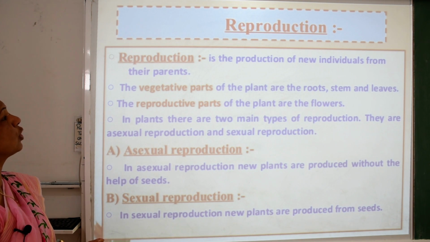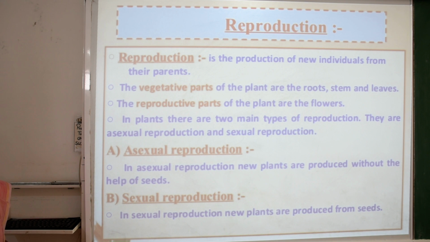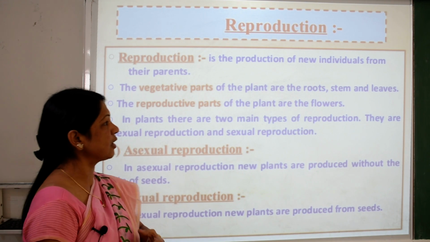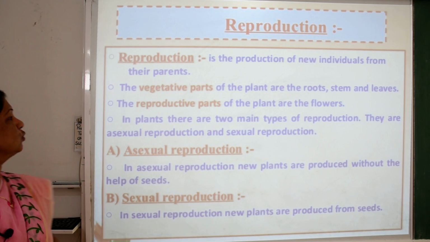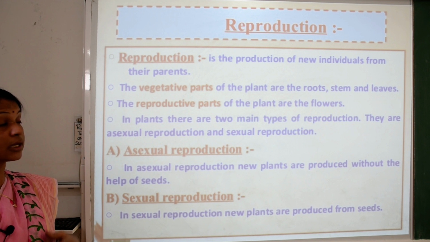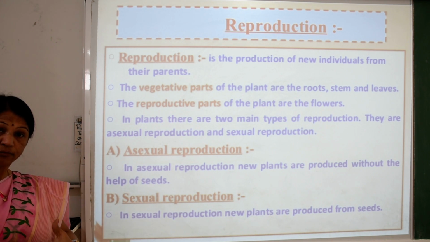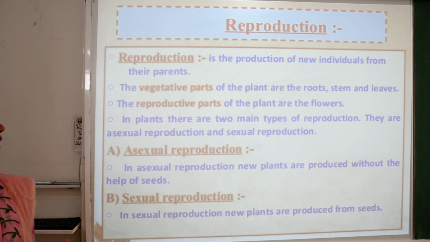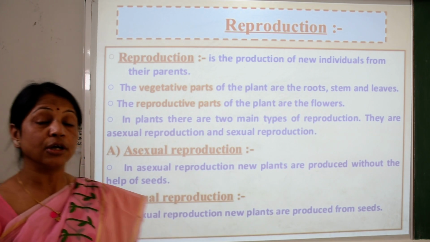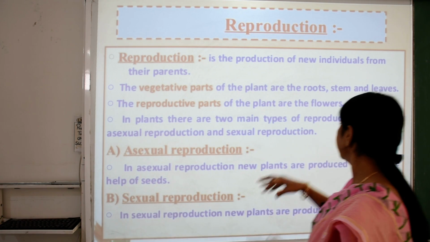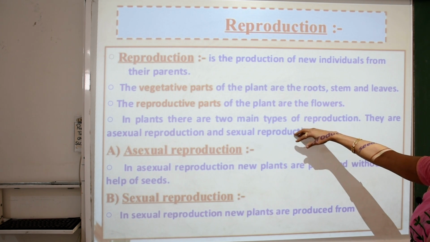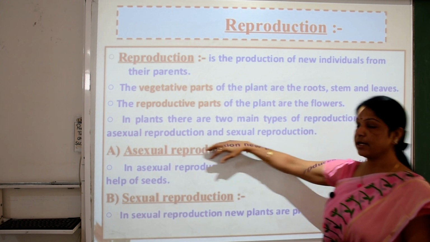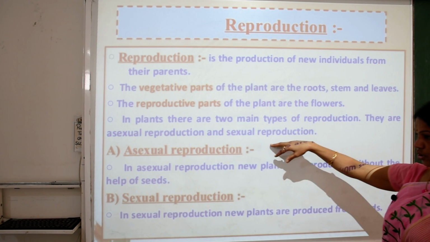What is reproduction? It is the production of new individuals from their parents. The vegetative parts of the plant are the roots, stems and leaves. The reproductive part of the plant is the flower, and in plants there are two main types of reproduction, asexual and sexual.